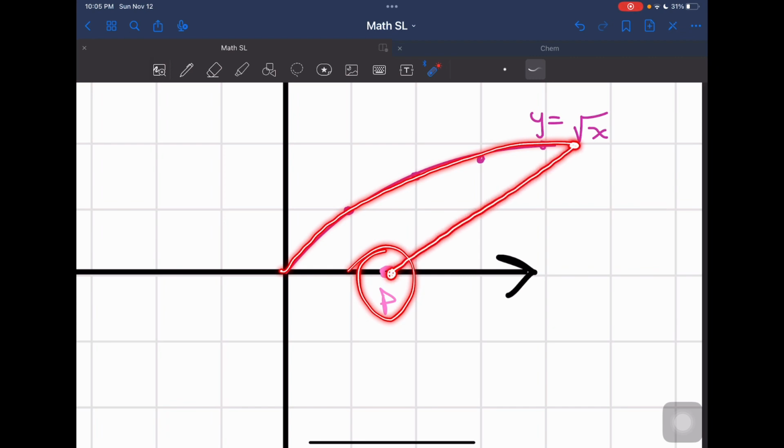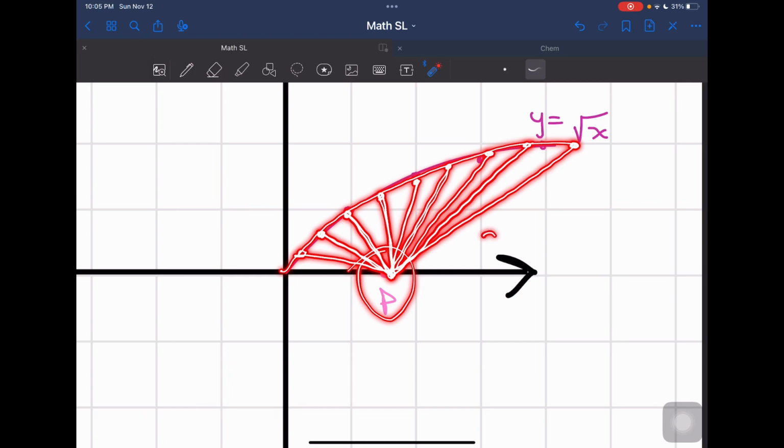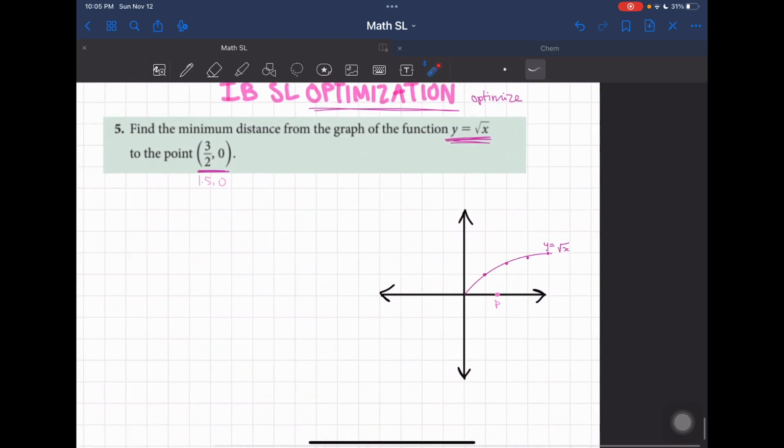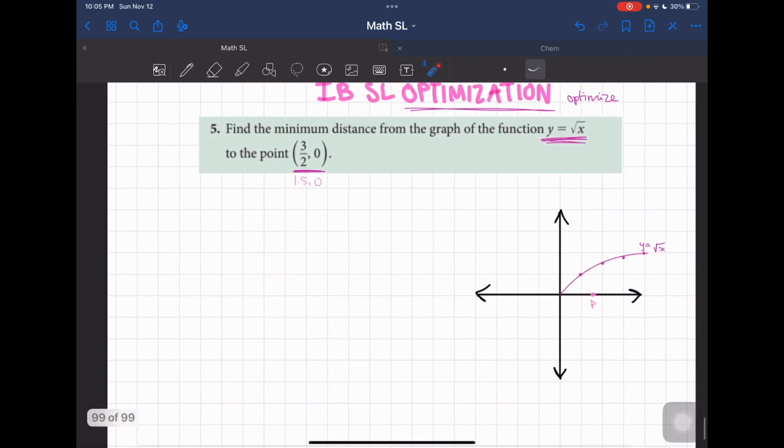Well, that's quite a long distance. We can go from P to this point over here, and that's a bit shorter. Is this shorter? Potentially. Is this shorter? Potentially. So we're trying to find the line between P and y equals square root of x. We're trying to find which one of these is the shortest. So that's what we mean by the minimum distance. So that's what we're going to be trying to find.